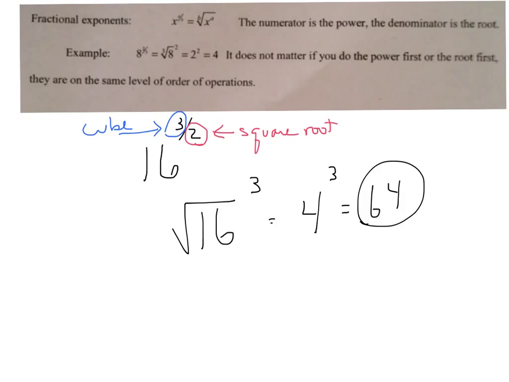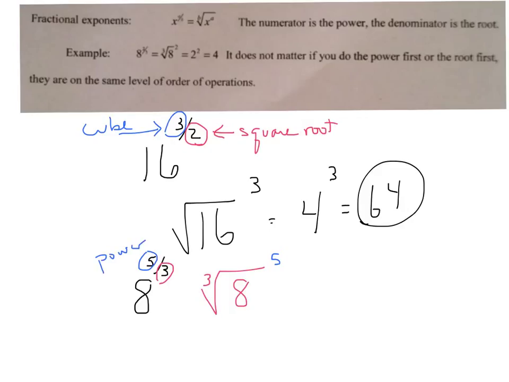Okay. Another example. Let's do 8 to the 5 thirds power. Okay, so again, this is the root number. So it's going to be a cube root of 8 raised then to the 5th power, because this is the power.